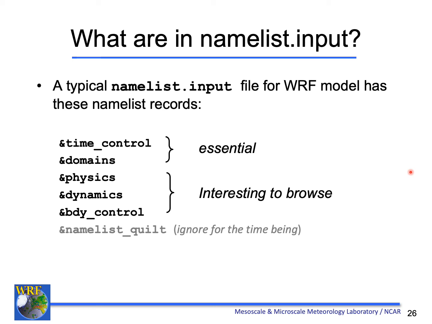We will call the first two essential, since these need to be modified for every case. Once we are more experienced, we can explore the others, and options for physics and dynamics will be covered in their respective talks.